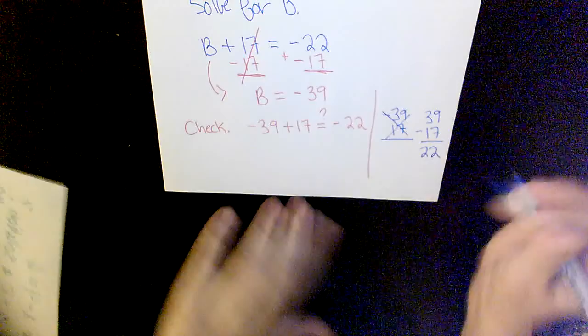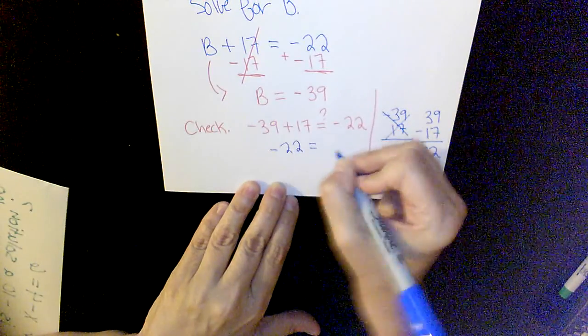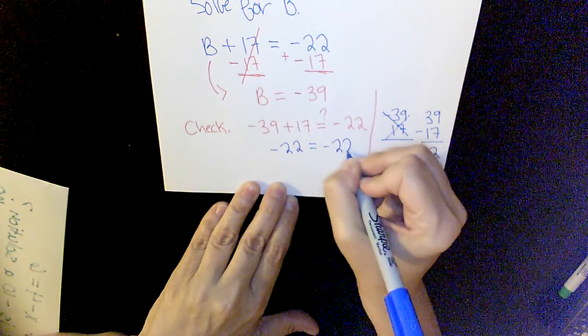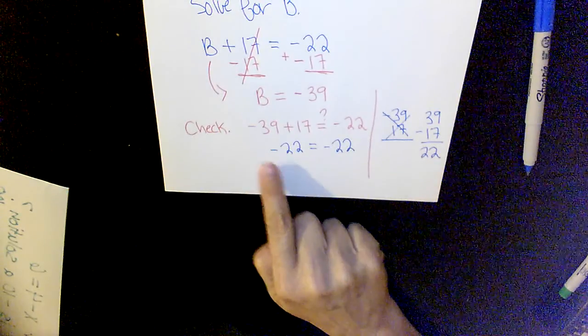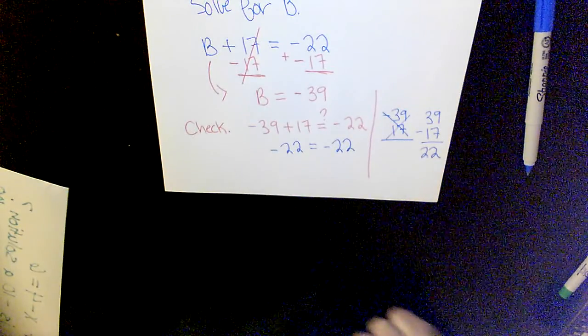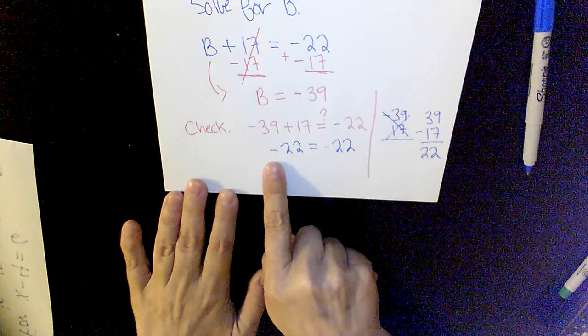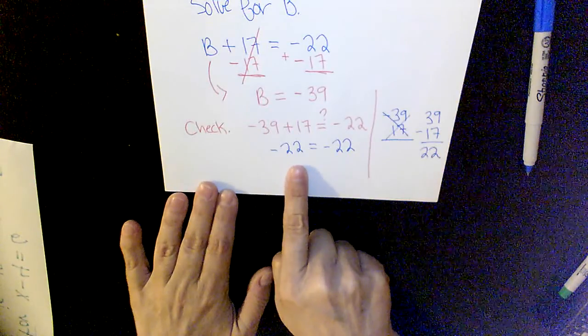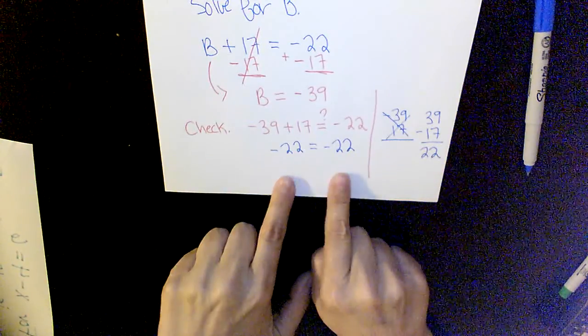And it is a negative 22, because when we subtract, we see that there's more negatives with the 39. So the sign of negative goes with the 22. So both these sides are coming out equal. So this checks, so we know we're right.